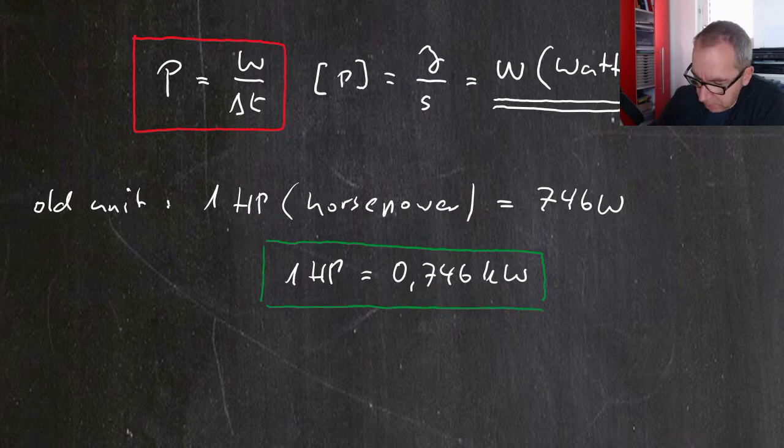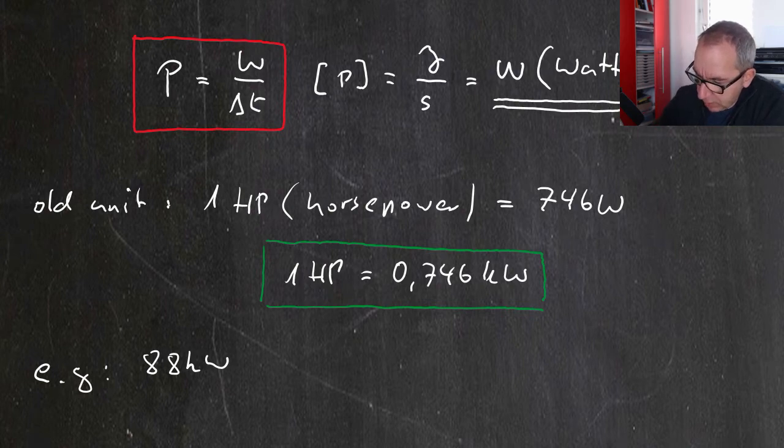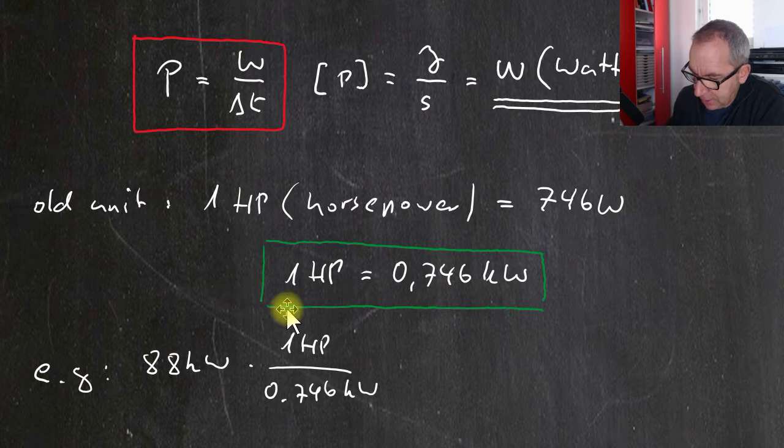So let's do an example. 88 kilowatts, that was the power of this car, and we can convert this to horsepower. So we have to say it is 1 horsepower over 0.746 kilowatts, because this is actually just the factor of 1, because this and this is equal.